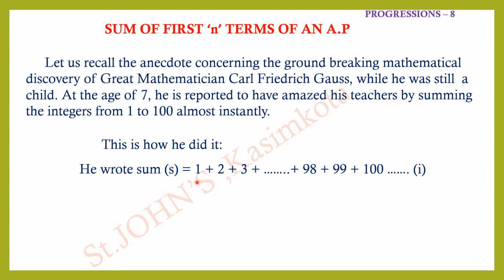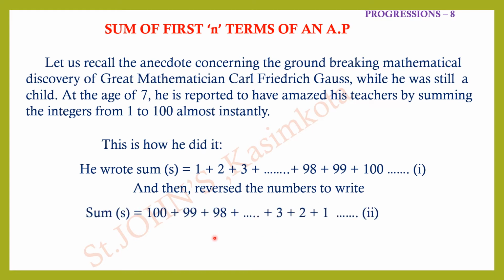Gauss wrote 1 plus 2 plus 3 and so on, 98, 99, 100.